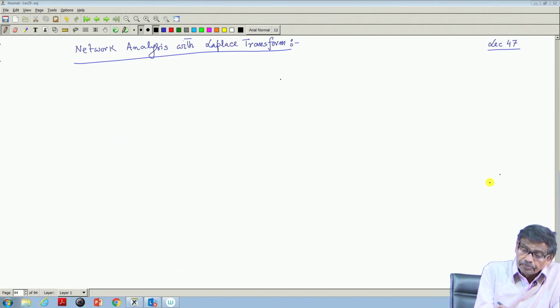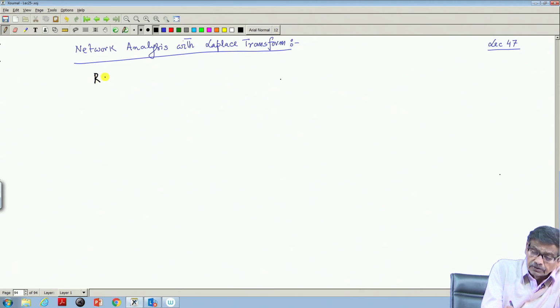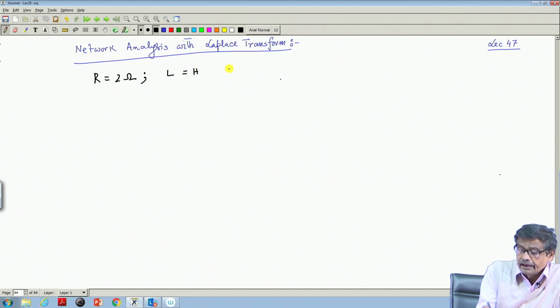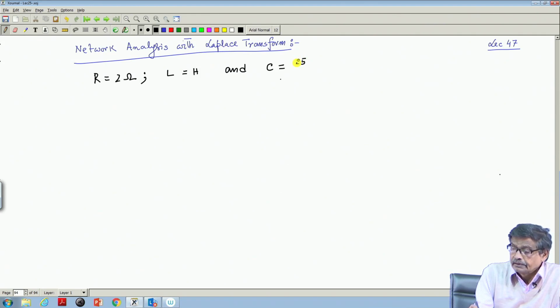For example, you have a series RLC circuit with R equal to say 2 ohm, L equal to say 1 Henry and C equal to say 25 by 9 farad.